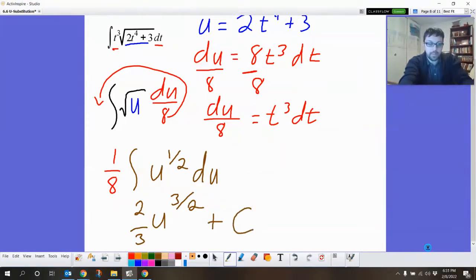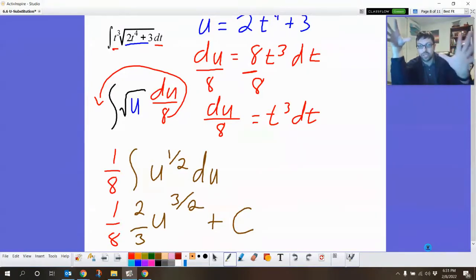Now we do want to multiply this thing by that 1/8. And we could multiply the 1/8 by this and the c, but a constant times 1/8 is still a constant. So it's just going to be a different constant. So there's no need to bring that over there. The constant just kind of eats it up. If there were more terms, like u to the 3/2 plus another u, then that other u would need that 1/8.